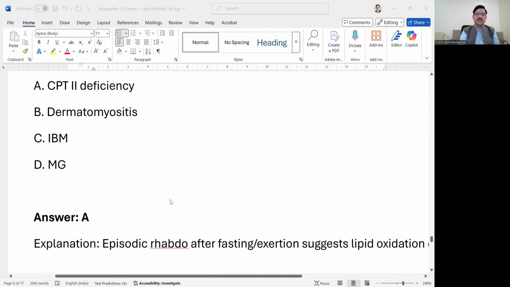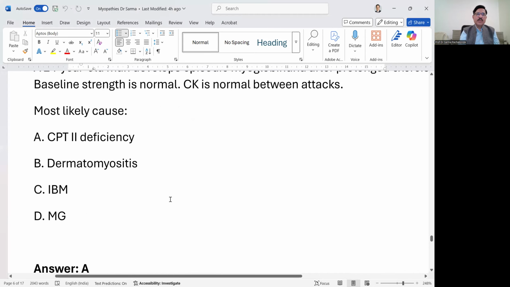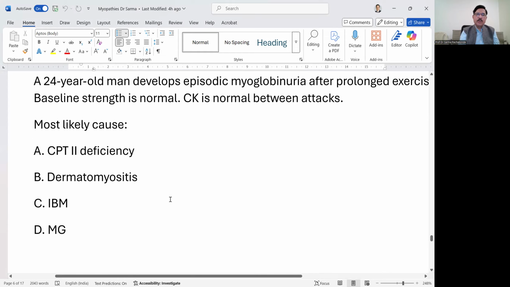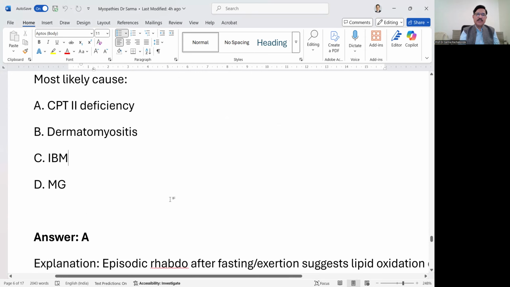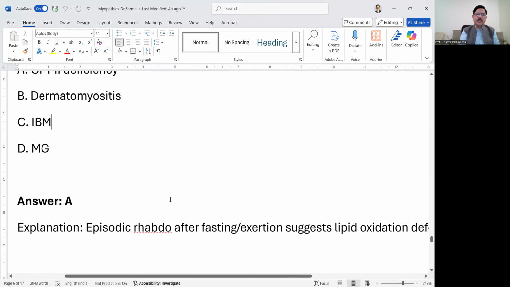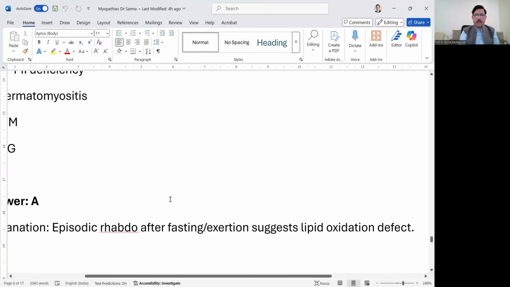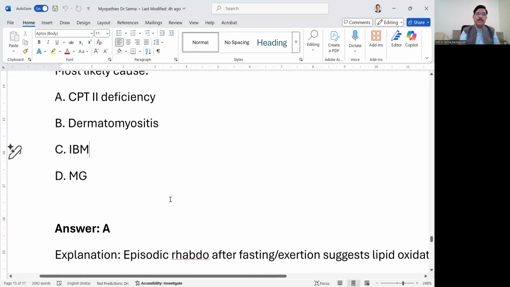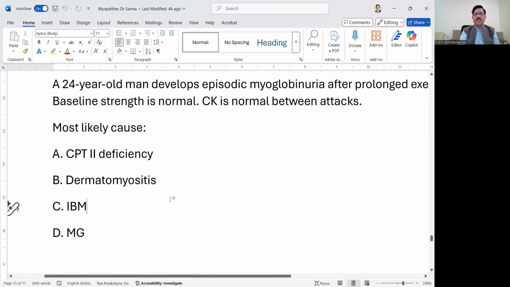Dermatomyositis cannot be because there are no dermatological features. The options are CPT2 deficiency, dermatomyositis, IBM, myasthenia gravis. Episodic rhabdomyolysis after fasting and exertion suggests a lipid oxidation defect.